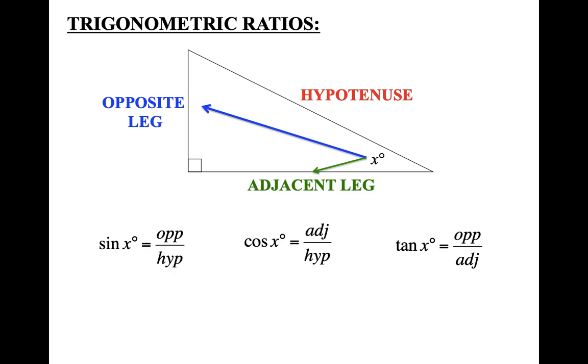Back in the day before there were calculators, there were just tables and tables of information. So someone went through and found all these ratios, and if you wanted to know what they were, you would have to look them up in a book. Now we have calculators that are able to calculate that for us, and there is a separate video that will walk you through how to use the calculator for all of these functions.